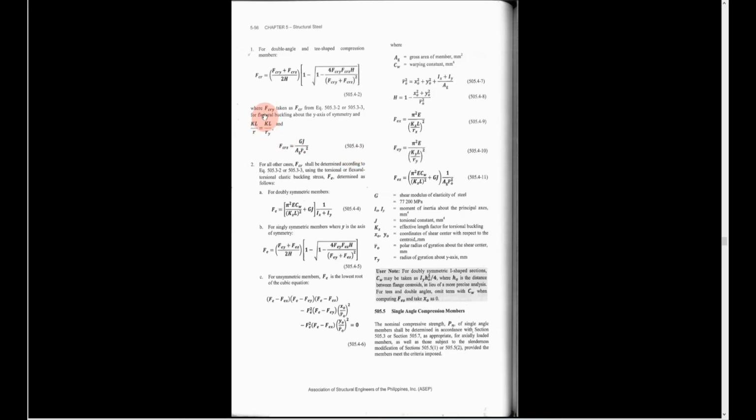So where the critical stress taken as FCR from equation 505.3-2 or 505.3-3 for flexural buckling about the y-axis of symmetry, and KL over R is equal to KL over RY, and the critical torsional stress can be determined using this equation.